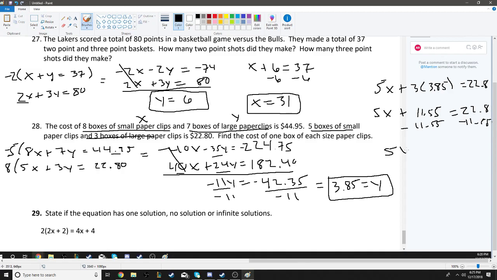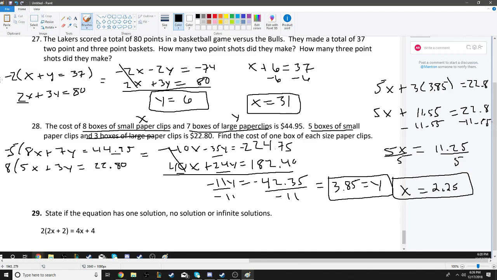And we get 5x is equal to 11.25. And divide both sides by 5 to get x equals $2.25.